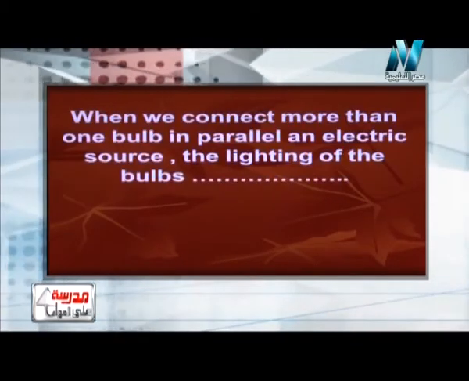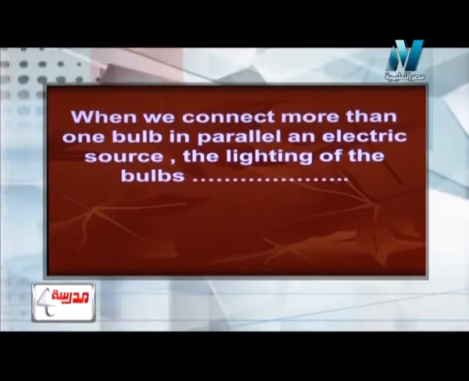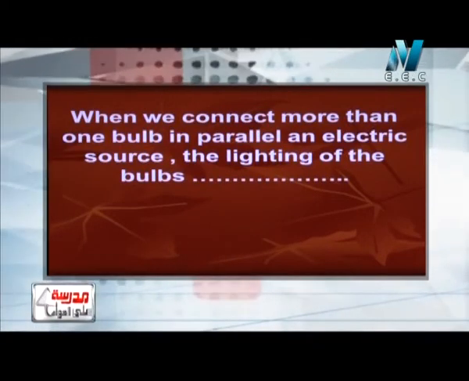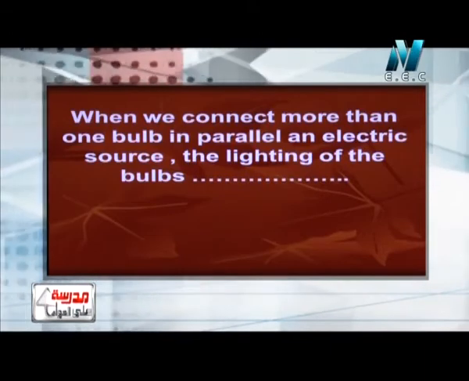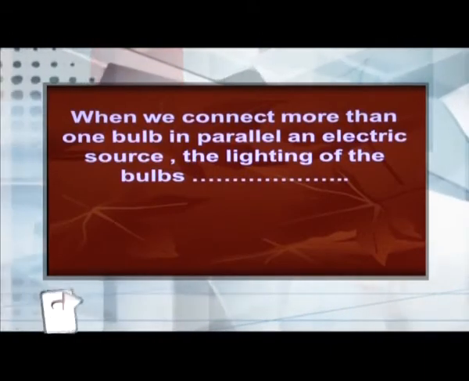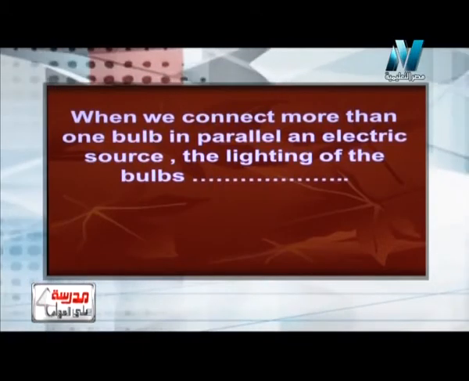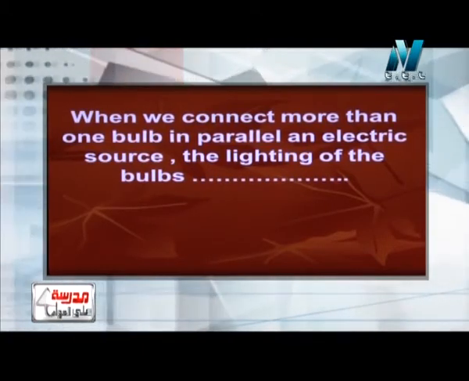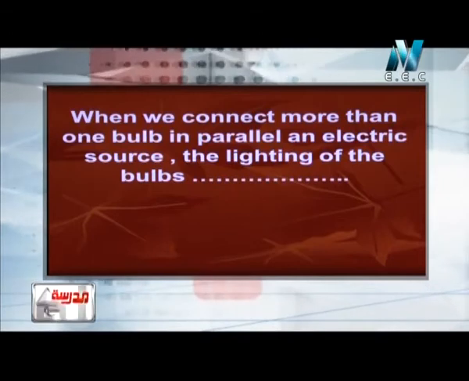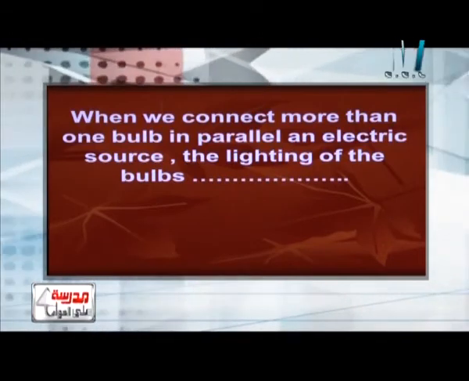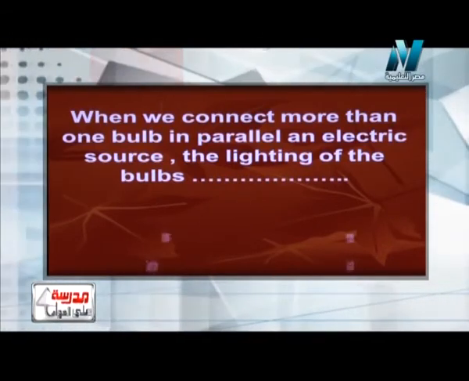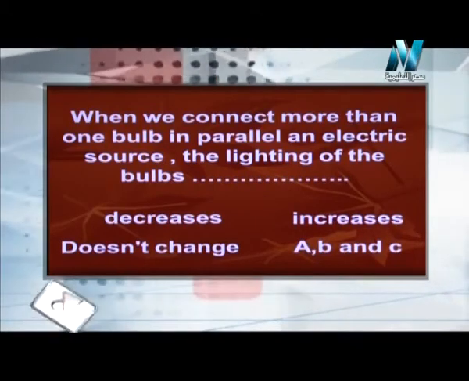Another question. Concentrate on this question; it's a long question but a very intelligent one. When we connect more than one bulb in parallel to an electric source, the lighting of the bulbs: A, decreases; B, increases; C, doesn't change.